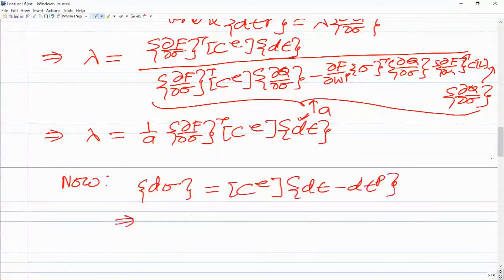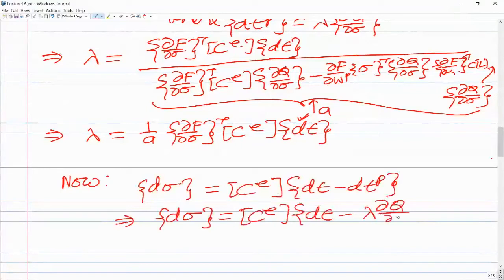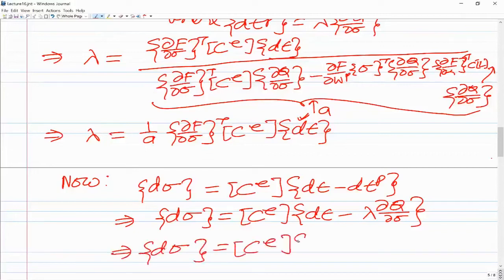So you can write d sigma as Ce into d epsilon, which you keep as it is, and minus lambda times del q by del sigma. And now we have got the expression for lambda. So we can say that d sigma is equal to Ce into d epsilon, and then we can put the value of lambda.